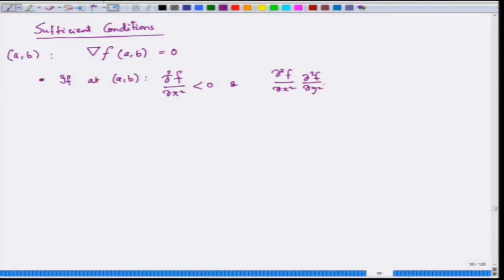I am assuming all of these are continuous, because then I can have that del 2 f del x del y and del 2 f del y del x are the same, like we had discussed in the last class. So, if at a b these quantities are found to be as stated, then a b is a strict local maximizer. This word strict is not mentioned in the calculus books, but it is actually like that.